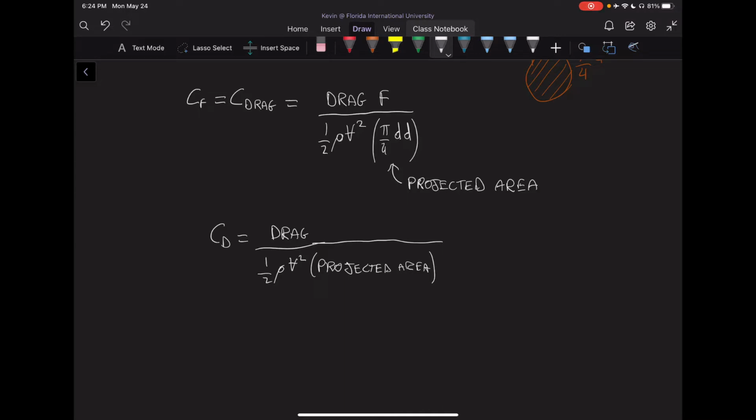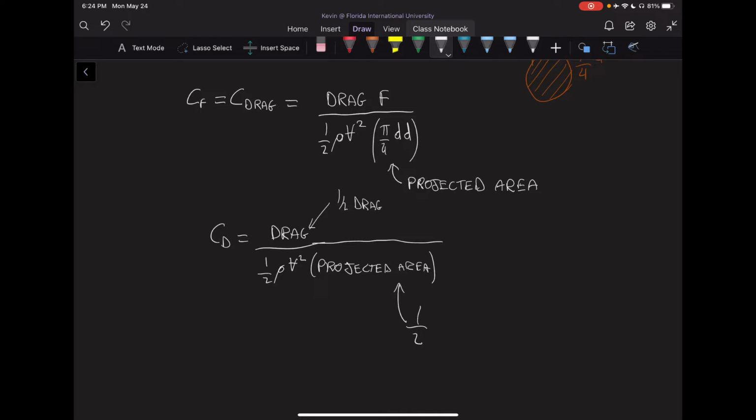So if we, for example, halve the projected area, it should mean that we also halve the drag, and we keep our CD constant.